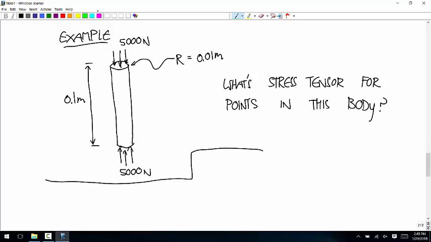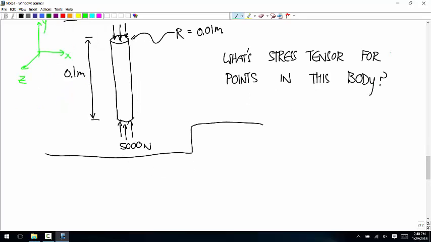Well, if I use a coordinate system like this, the only tractions we have are normal tractions in compression on the y and the negative y face. And so sigma yy is equal to negative 5,000 divided by the cross-sectional area of that face, which is pi times 0.01 squared.